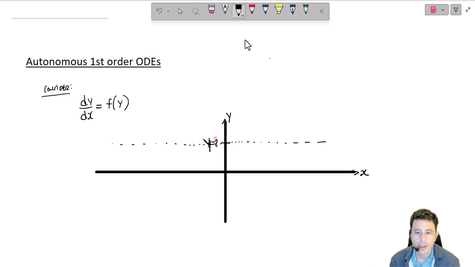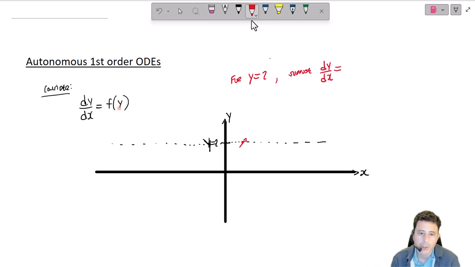But suppose the derivative for y equals 2, you plug y equals 2 here and you get a number. Suppose it's 1, the derivative is 1. That means the slopes are like that, 45 degrees, and they will be the same.